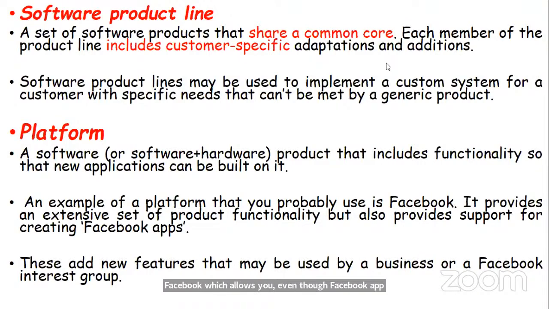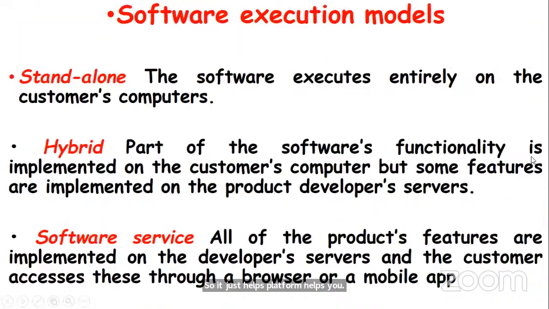This adds new features that may be used by a business or a Facebook interest group. For instance, those who develop content, that's what they want to do. Those who do preaching, that's what they want to do. Those who advertise, that's what they want to do. So a platform helps you come up with or add other things that you feel are useful other than the generic one.